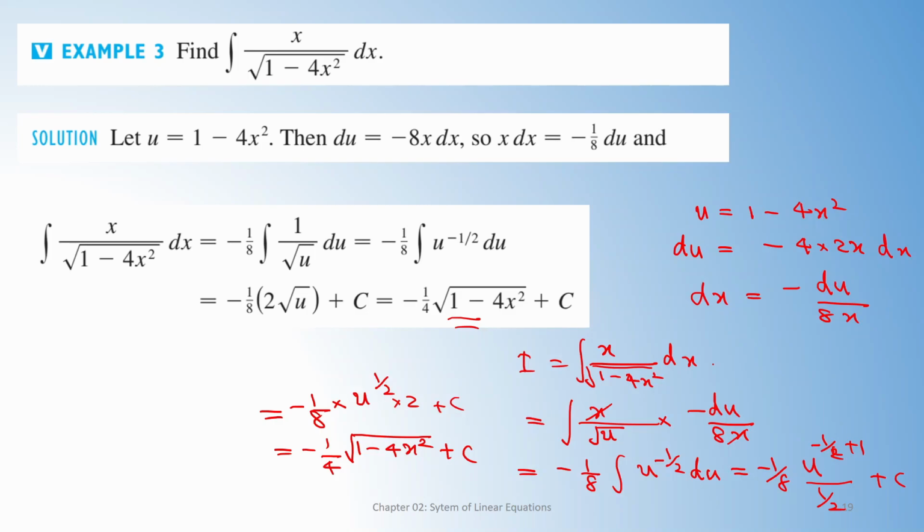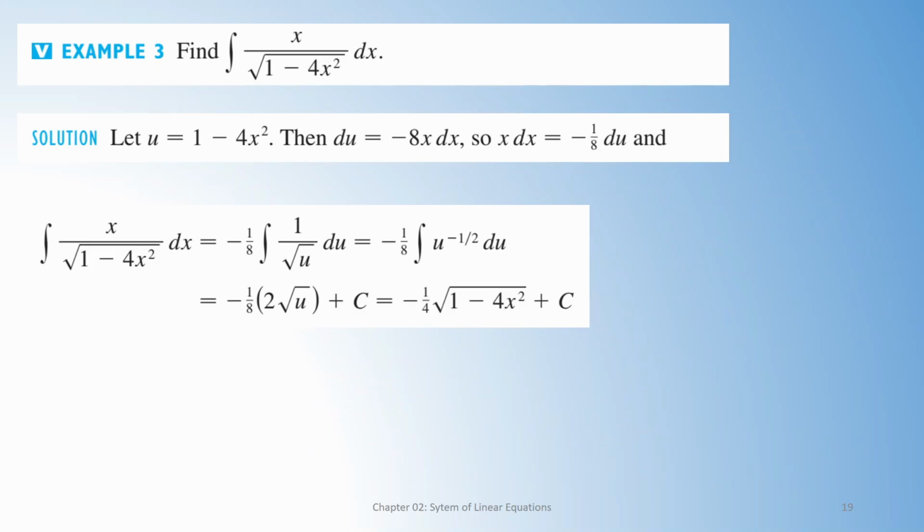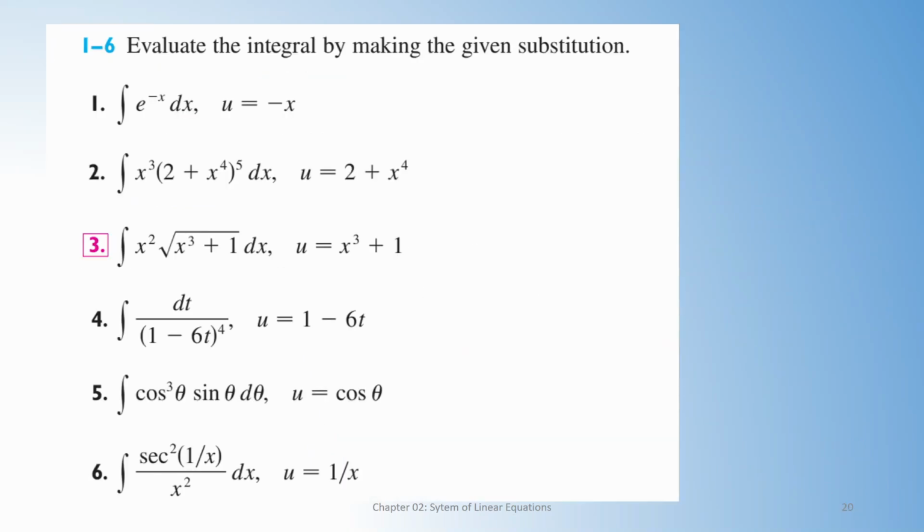So the main thing is you have to correctly identify the substitution function. For example, for e to the minus x, u is equal to minus x. So if u is minus x, du is equal to minus dx, so dx is equal to minus du.